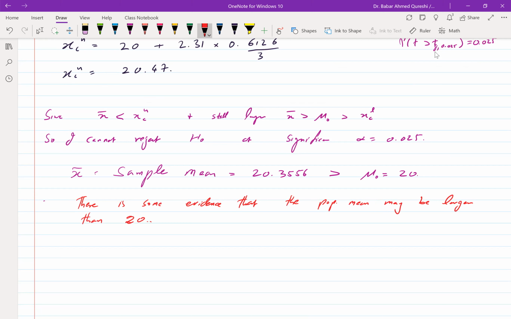But the evidence is there, but it's not strong enough to claim it at a significance of 0.05. So how strong is that evidence? We can find out by computing the p-value. But how strong is this evidence?